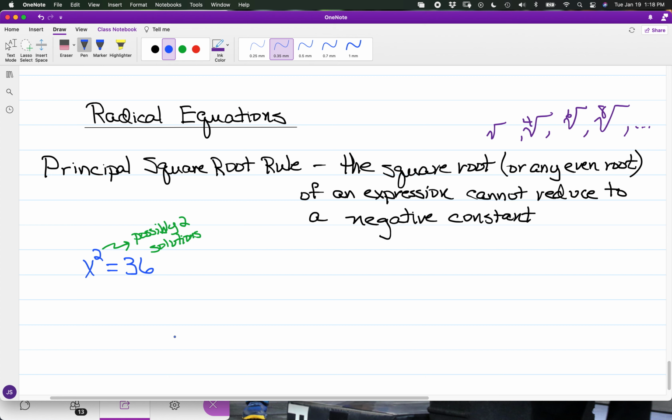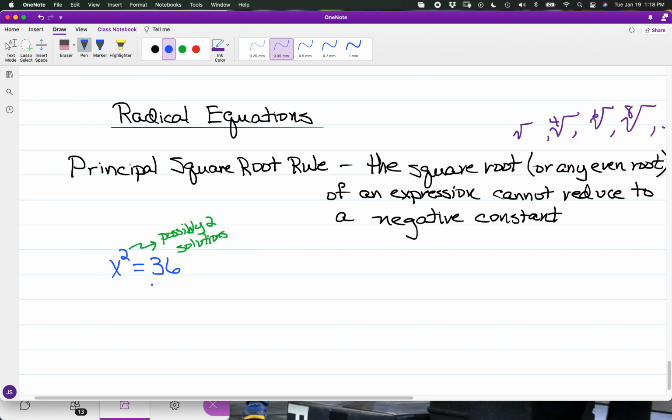And when we looked at the square root property of equality, going from x squared equal to 36, say going from x squared to x, we have plus or minus the square root of 36. We have x equal to plus or minus 6. And so with our combination, you had x equal to negative and positive 6. That's what you have with the square root property of equality.